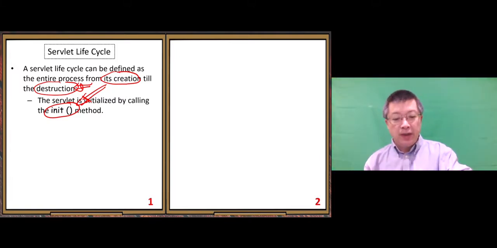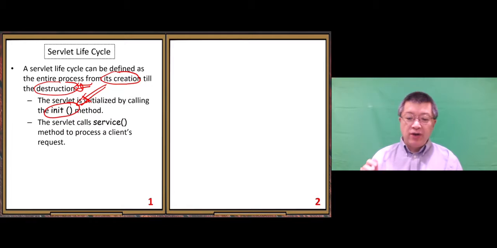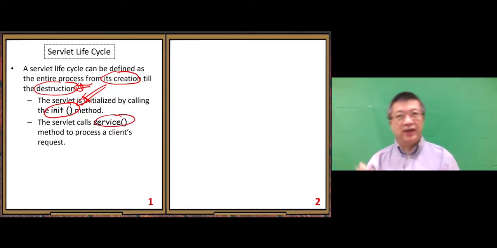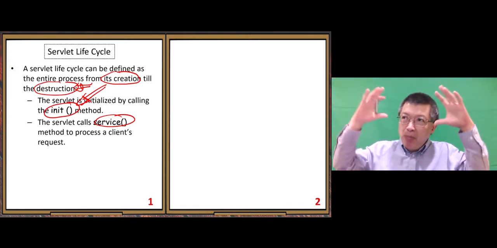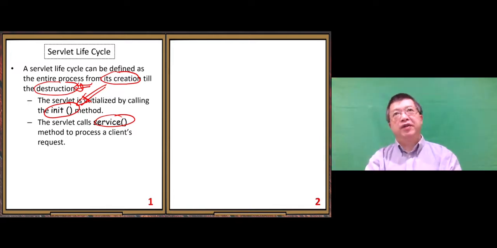All right. Next, the servlet calls the service method. This is the main method. This method does the main work for this servlet. But this method is not exposed to us, Java programmers.